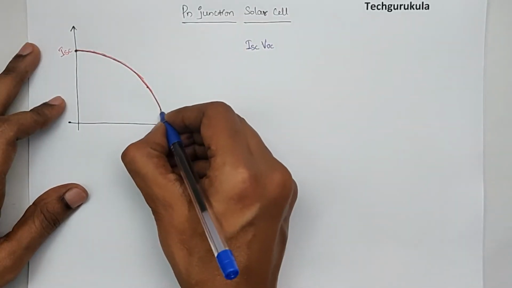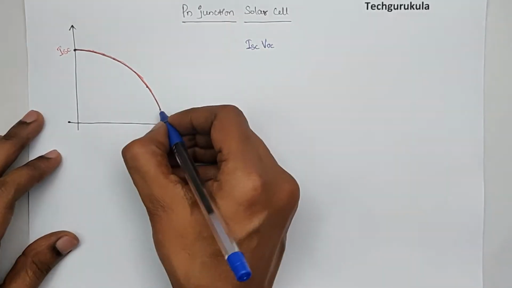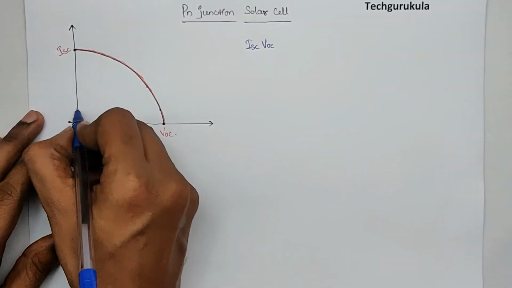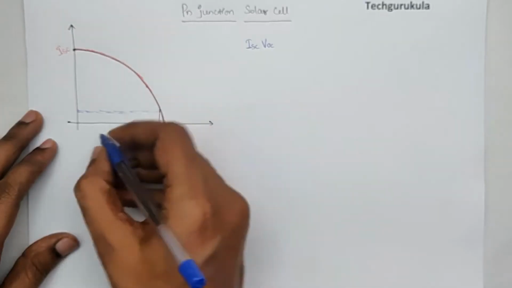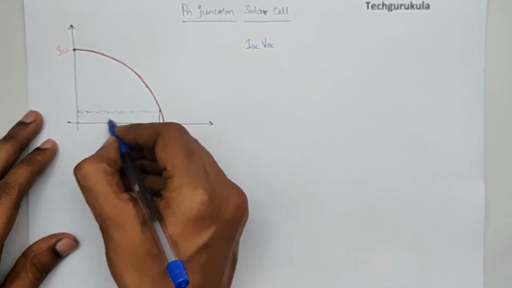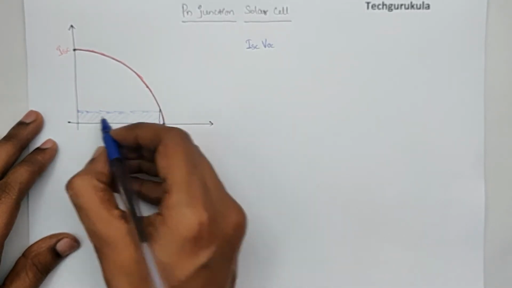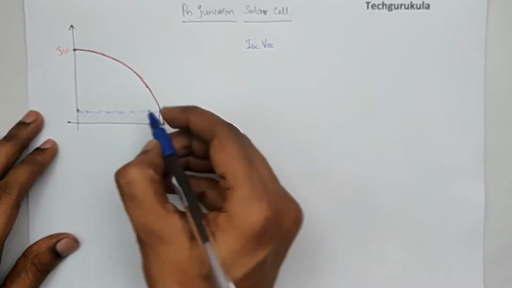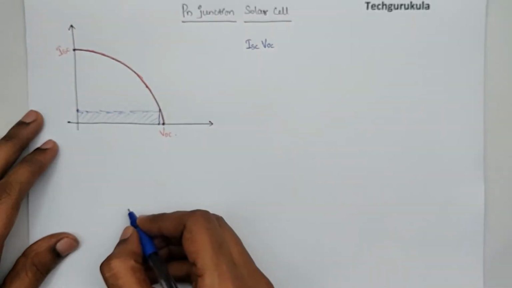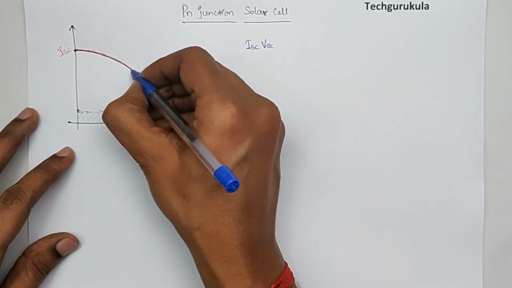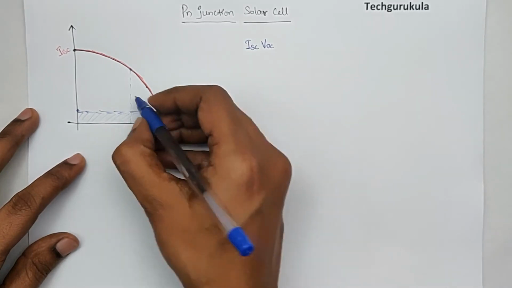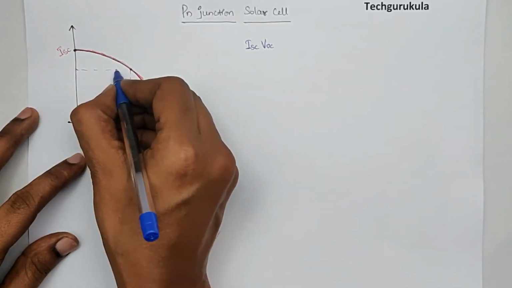So let me pick some point here, where the product of voltage times current would be nothing but the area under this curve, which is the product, the current value times the voltage value. Now if we move somewhere here, the voltage would be some point here and the current would be some point here.